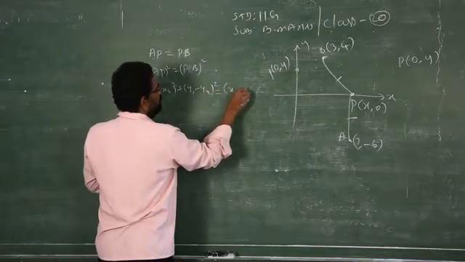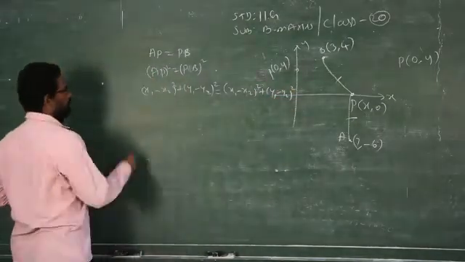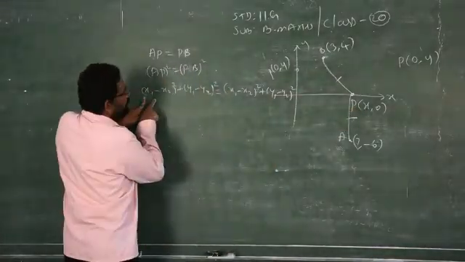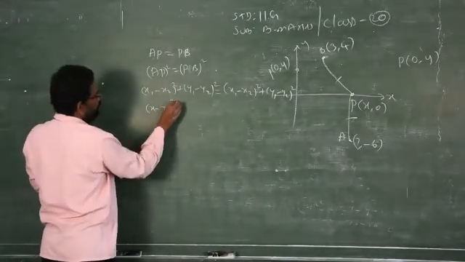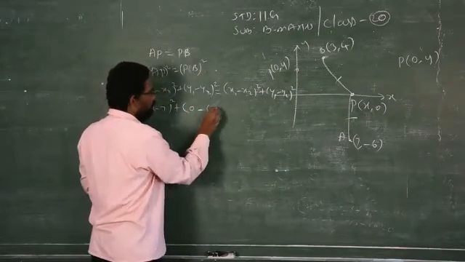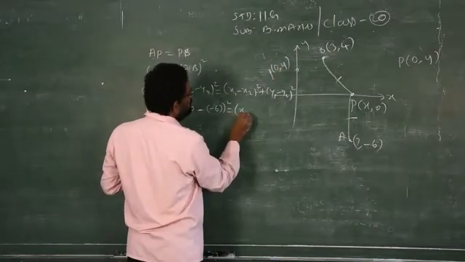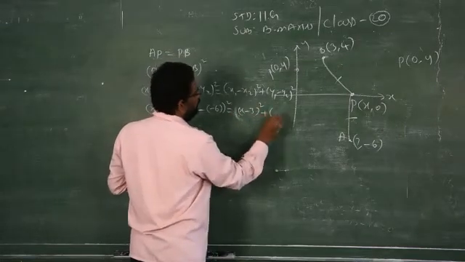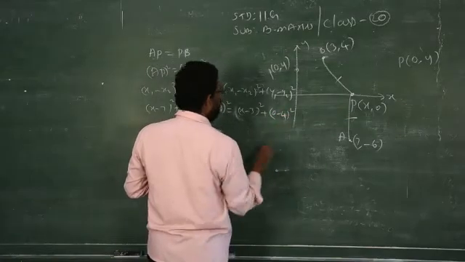x minus x2 the whole square plus y1 minus y2 the whole square. Now just substitute. For AP, x minus 7 the whole square plus 0 minus of minus 6 the whole square, whereas for PB, x minus 3 the whole square plus, what is our y? 0. 0 minus 4 the whole square.